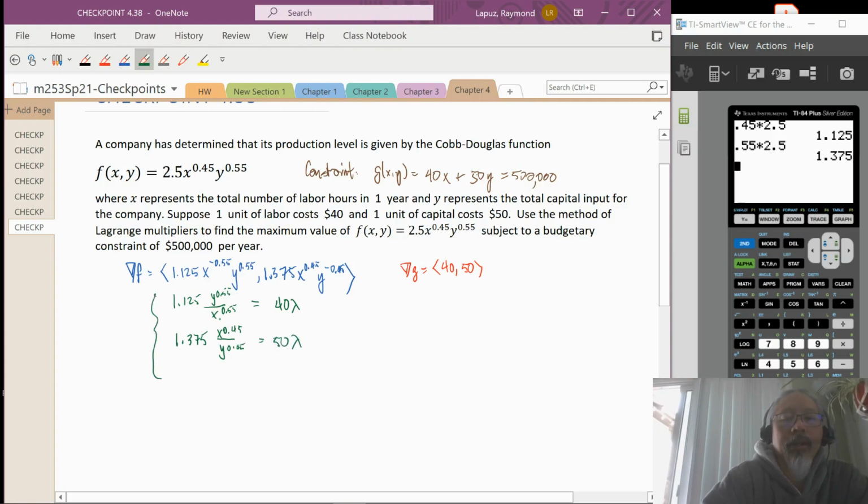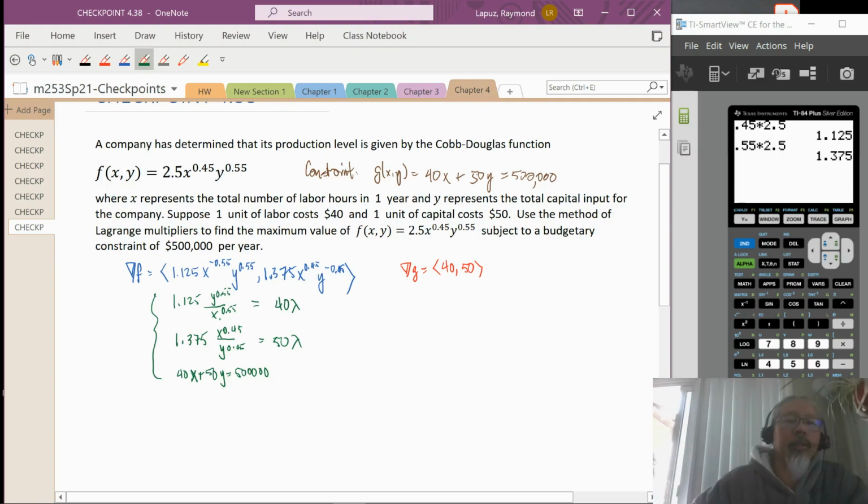So between this and the original constraint equation, 40x plus 50y is equal to 500,000, we have 3 equations and 3 unknowns. We really just care about the x and y unknowns. We don't care so much about lambda.